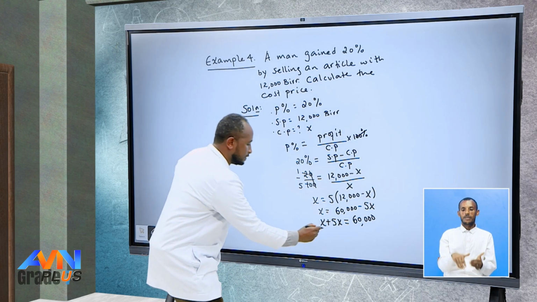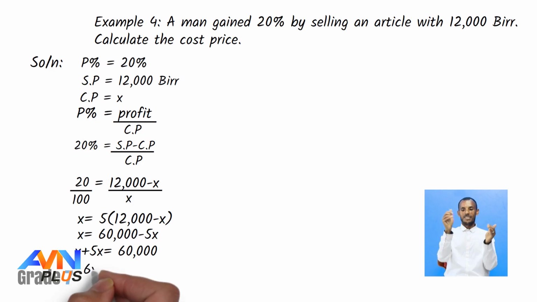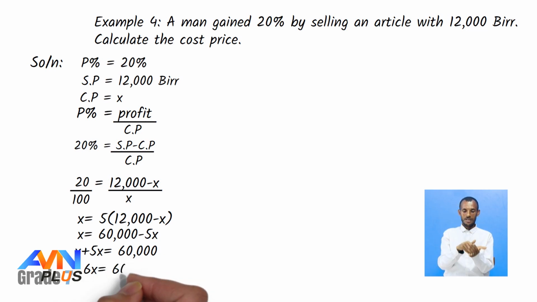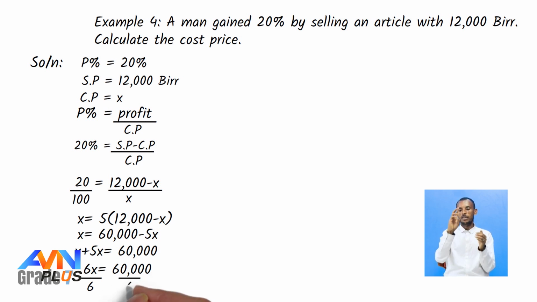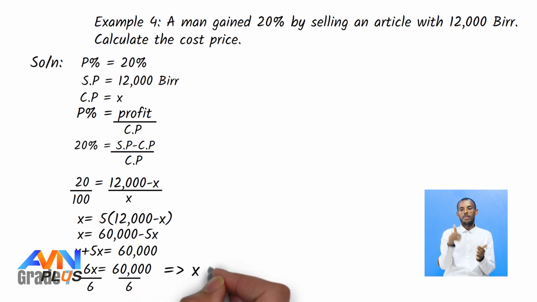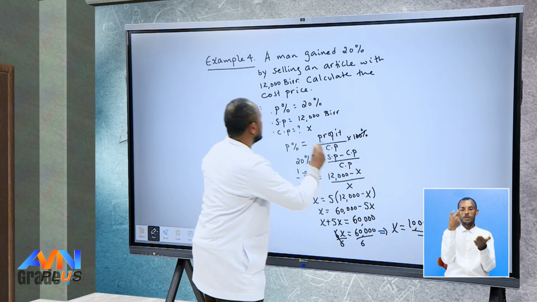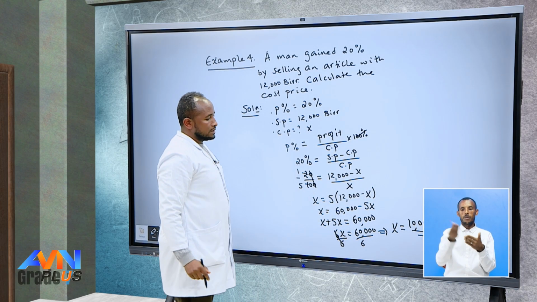Then you have 6x is equal to 60,000, and divide both sides by 6. So x is equal to 60 divided by 6, which is 10,000, the final answer. So here the cost price is 10,000.